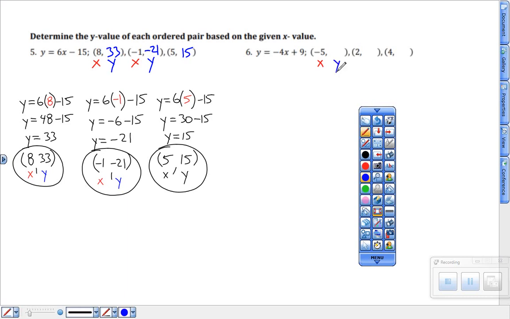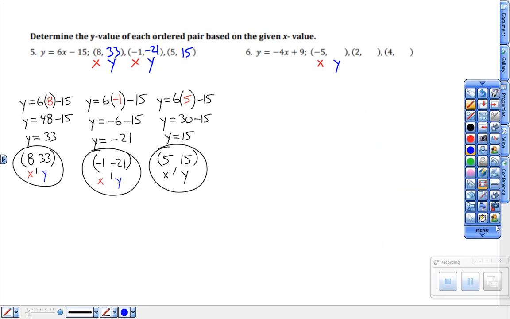So I'd like you to try this one right here. All right, hopefully to get you rolling here, y equals -4, plugging in for x, -5.